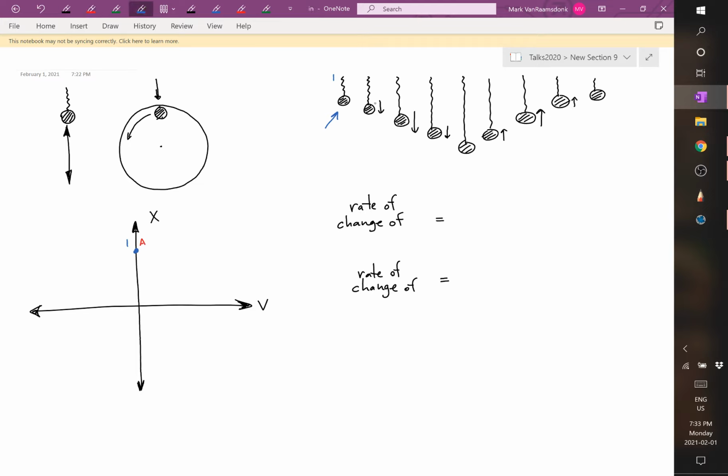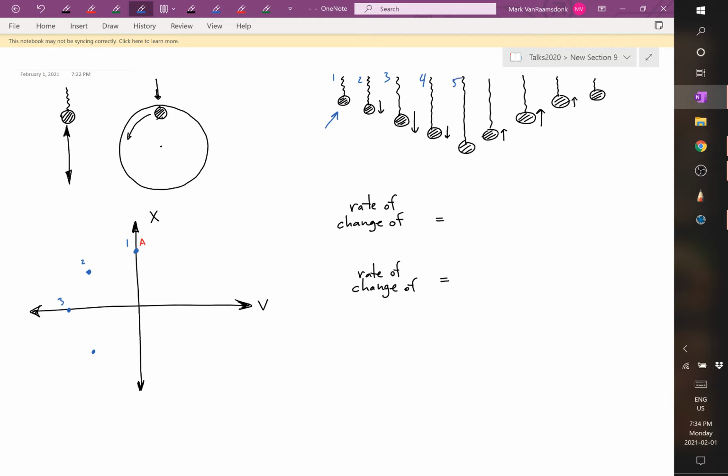And then the next one, it's gone down a little bit, and now the velocity is negative, and so that turns out to be over here. It's number 2. Number 3, it's gone down to the equilibrium position, which is x equals 0, and then the velocity is the maximum negative velocity that we're going to have. Number 4, we go back to a smaller downward velocity and then a smaller negative position still.